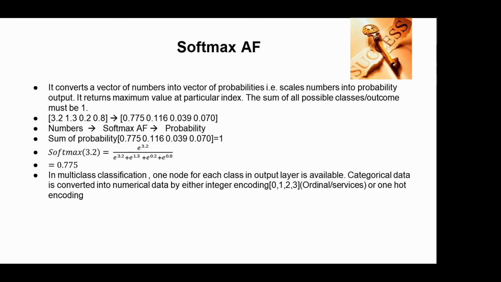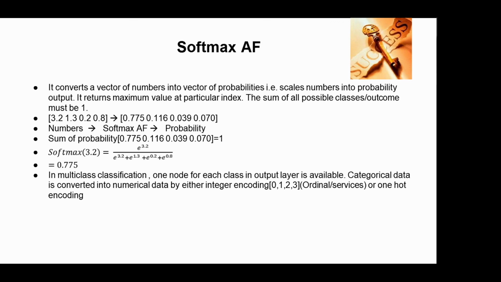Suppose at the last layer you are getting 4 values: 3.2, 1.3, 0.2, 0.8. If 4 values are present, it means your data set has 4 objects.